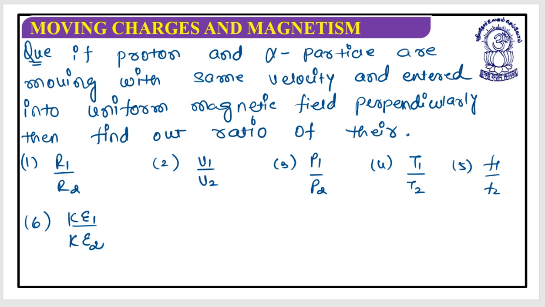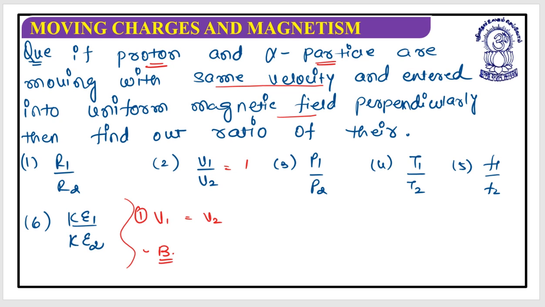Now go through the data very carefully one more time. It says that a proton and an alpha particle are moving with the same velocity. Great, that means velocity 1 is equal to velocity 2, so this has been resolved. It's 1 is to 1. They entered into a uniform magnetic field, which means both have been traveling in the same magnetic field.